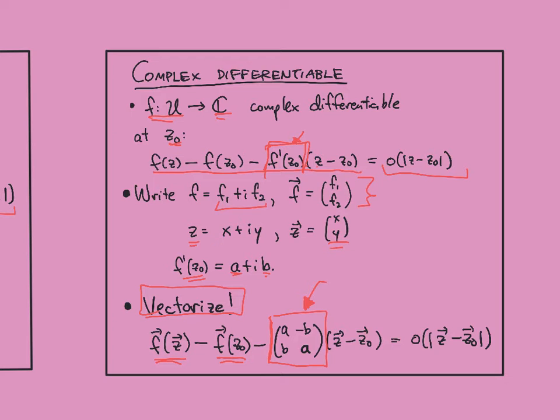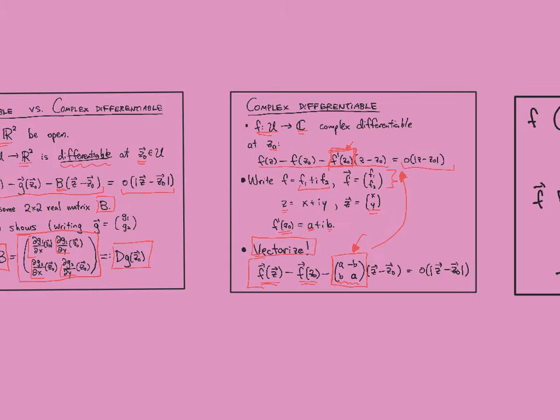We also talked about in the first lecture how you could go the other way. So if you have a vector equation like this, and you have a matrix multiplication using a matrix of this form, well, it converts back into a complex formula where you have complex multiplication right here. Because of this, we can convert between complex differentiability and differentiability with a derivative matrix of a certain form.